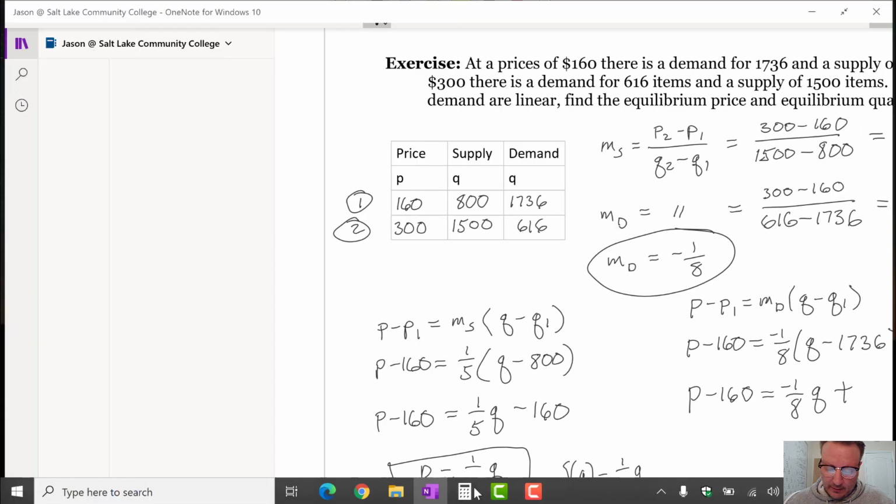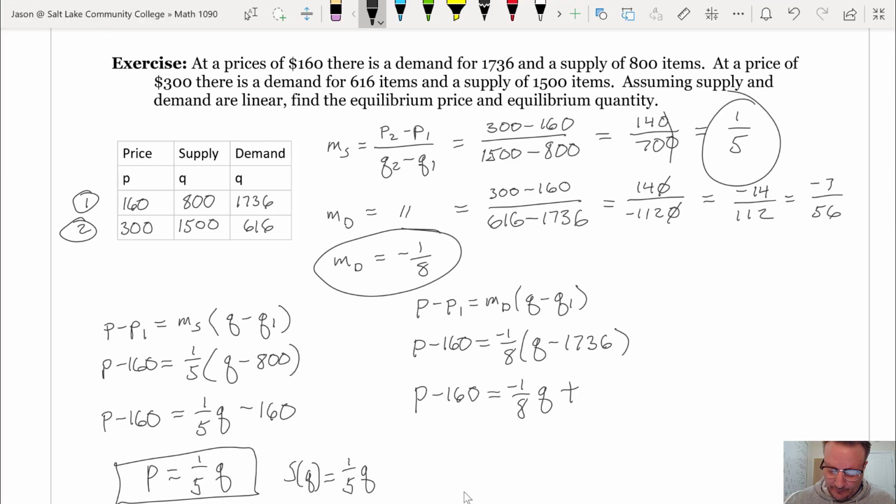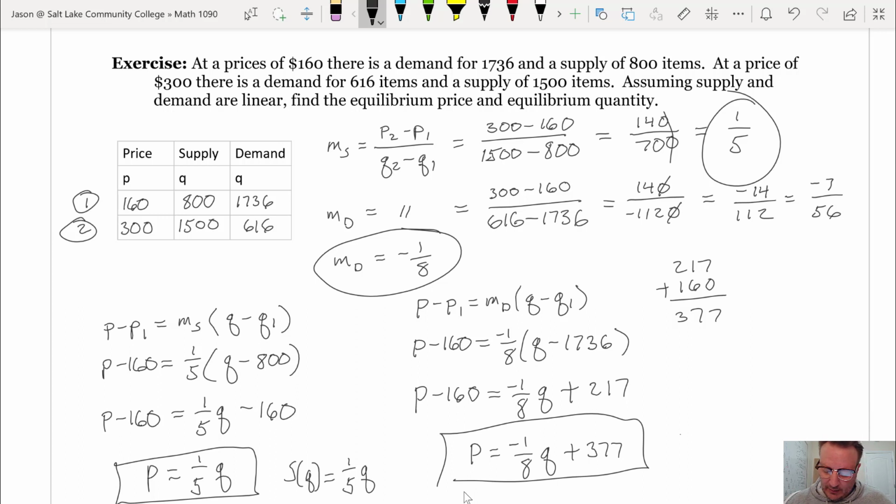I think I'll just use the calculator real quick to do that. 1736 divided by 8, 217. So this is going to be plus 217. Now I add 160 to both sides, and I get P is equal to negative 1/8 Q plus 217 plus 160 is going to be 377. Or in other words, my demand curve, demand as a function of quantity, is equal to this negative 1/8 Q plus 377.